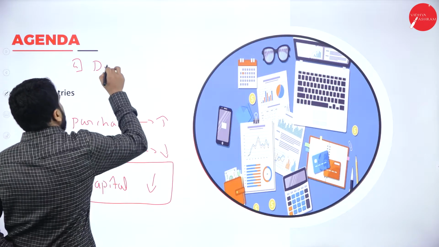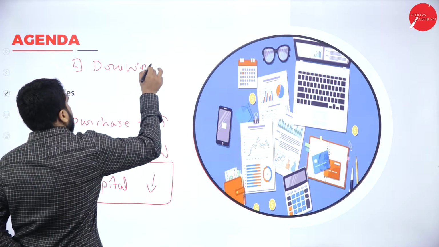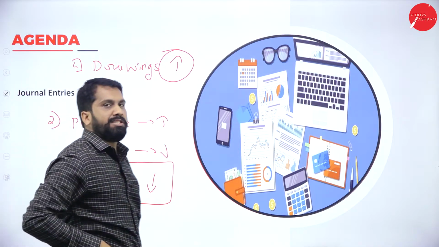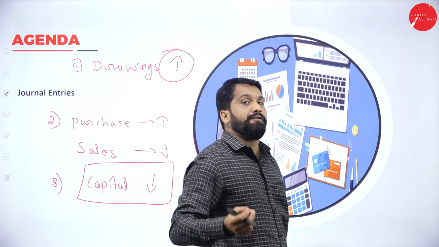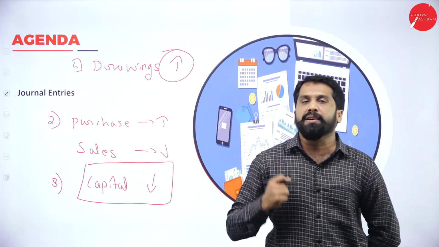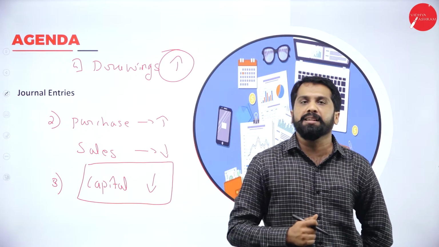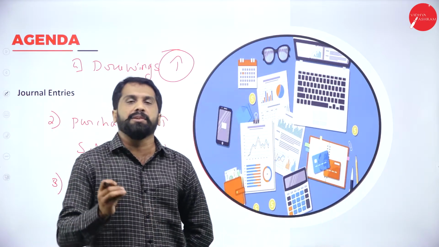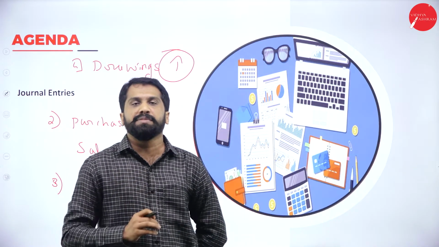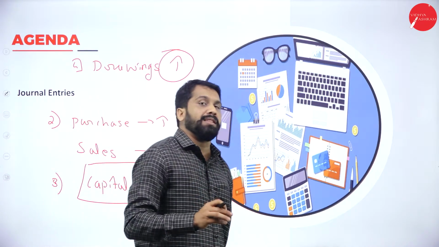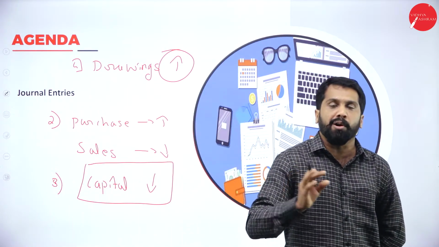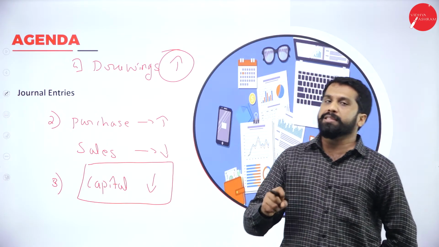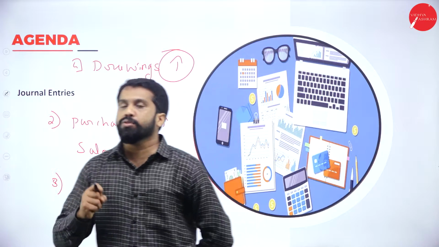Your drawings always up. Drawings means what? Anything which is taken for personal use, we call it drawings. Again, I'll repeat. For example, you are running a business and you have 10,000 in the business. Out of 10,000, 1,000 you have taken for your daughter, 1,000 for your son, and 2,000 to pay your son's tuition fees.